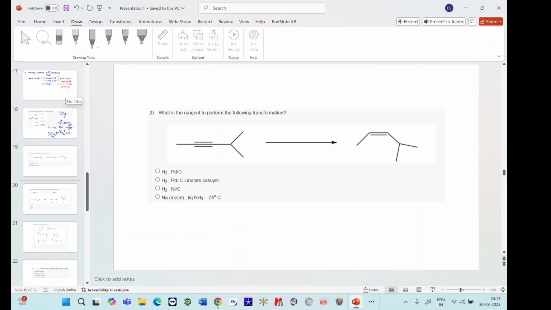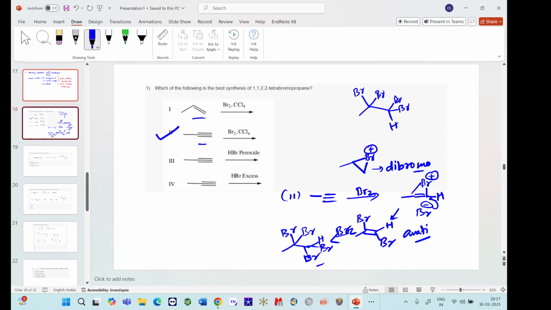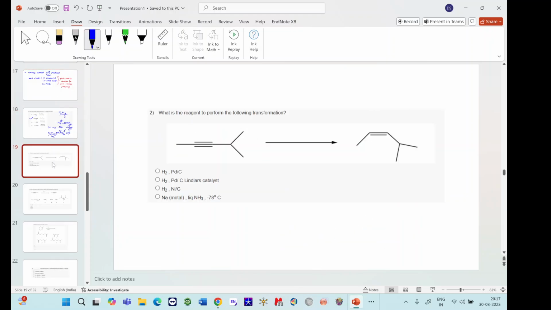Let us wait for a few minutes. Now it is okay. You can clearly see that here two protons have been added in a syn way, the cis addition. This is stopping at the alkene, just one step, not going to the alkane. So basically, Lindlar catalyst has to be used, with catalytic hydrogenation. So this one will be the right answer.